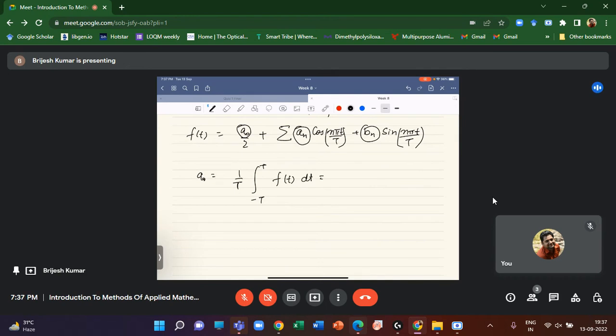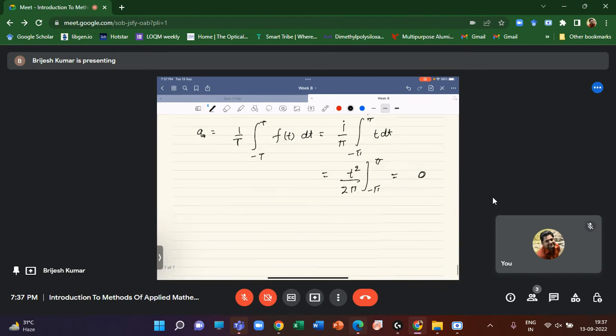So this will be replaced by 1 by pi integration from minus pi to pi, f(t) is t, dt. So it will be t square by 2 pi with limits minus pi to pi. This will give us pi square minus pi square, which is equal to 0.